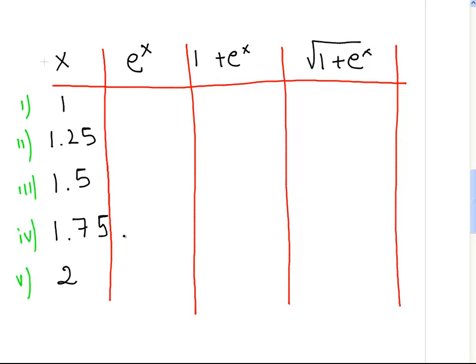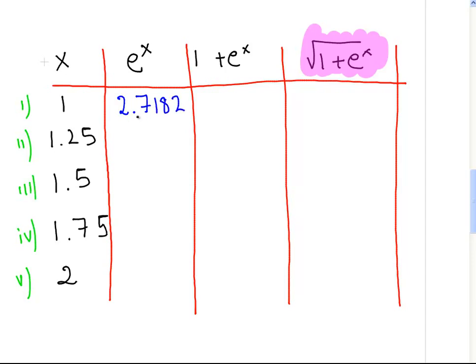And we're going to evaluate this function, which is the integrand we're looking for, at each of the x values we have listed. First off, we evaluate the exponential of x.